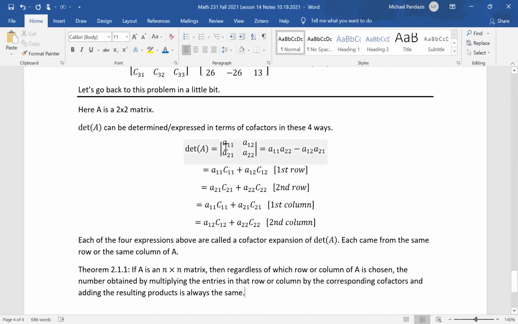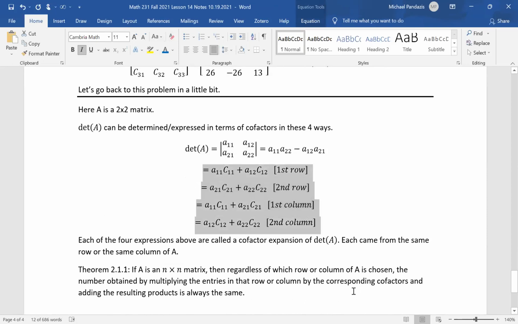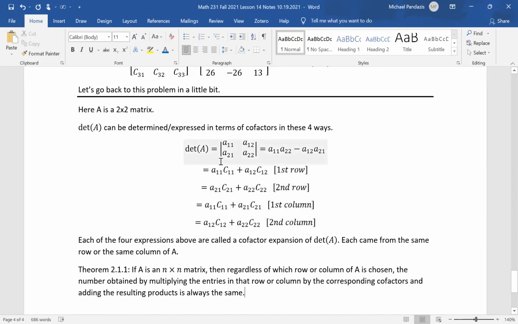So if you have an n by n matrix, then regardless of which row or column is chosen, the number obtained by taking each entry in that row or column, multiplying it by its corresponding cofactor, and then adding the products, is always the same.